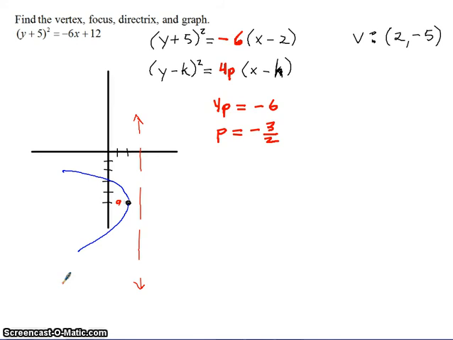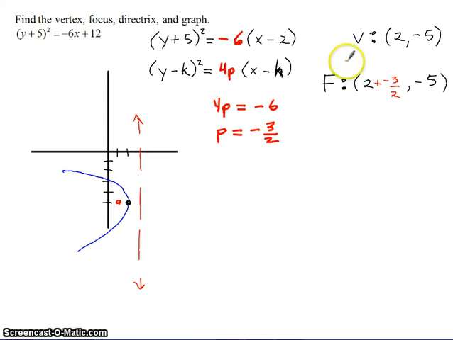Let's go ahead and deal with the focus first. To find the focus, we need to have the vertex. We have that. And we can see here that the focus changes the x value of the vertex. The y value is the same. So what I've done here is I've rewritten the vertex and I've added on the p value onto the x value of the vertex to come up with the focus point.